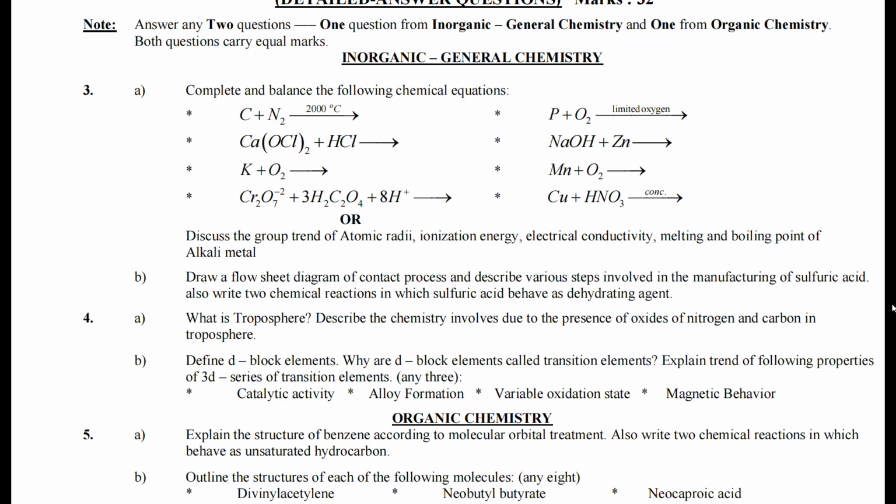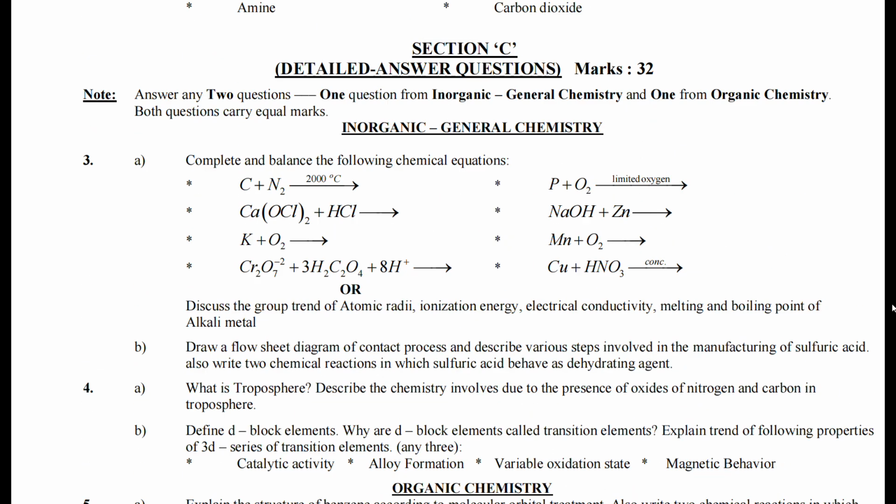For detailed question answers, you have marking of 32 marks for two descriptives, which makes it 16 marks for one long question answer or the detailed answer question. In each question, you have two parts, which makes each part 8 marks. So question 3A carries 8 marks, B carries 8 marks, which makes a total of 16 marks.